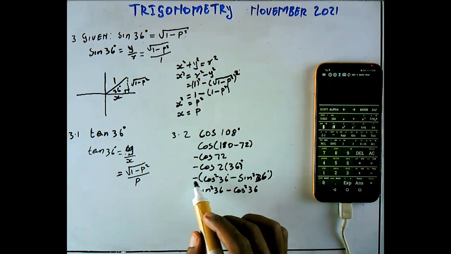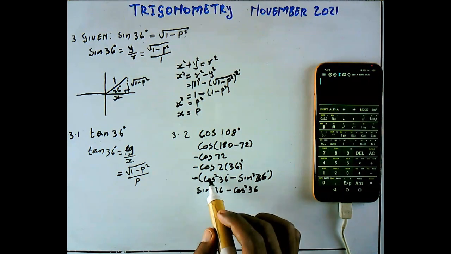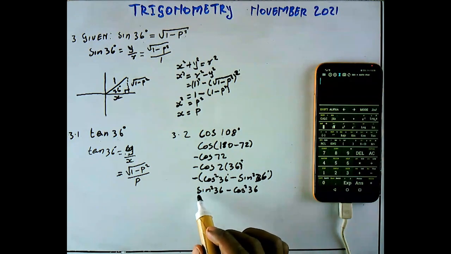Because when we multiply everything by this negative, this one becomes positive, this one becomes negative. That's why I put sine as positive.